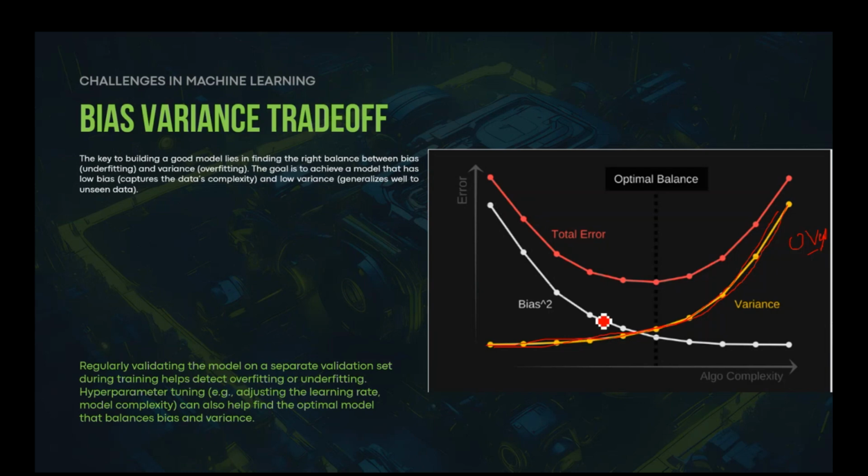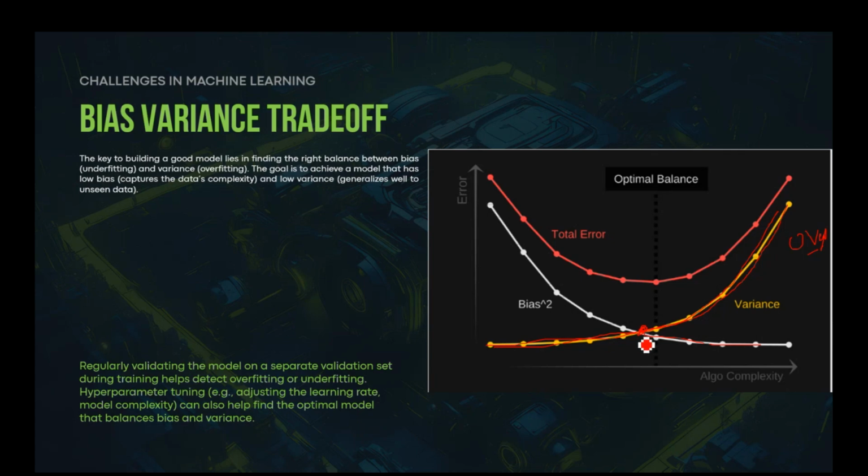Bias starts decreasing as you train your model, and the error starts decreasing. After a certain point, it just keeps on decreasing; it doesn't increase. Where you have just a little bit of high variance and low bias, this point is called your optimal balance.